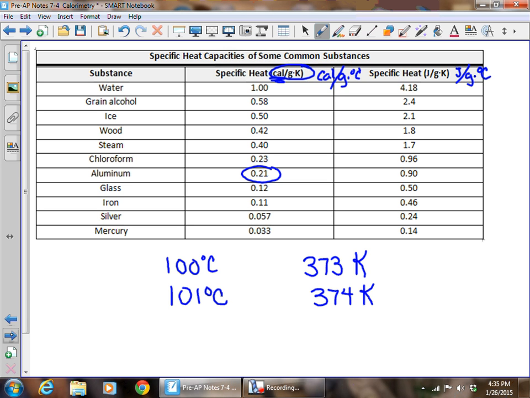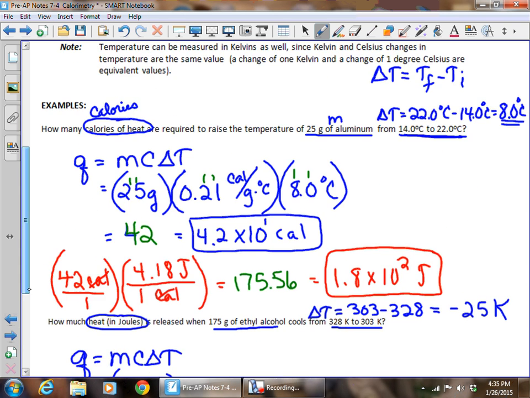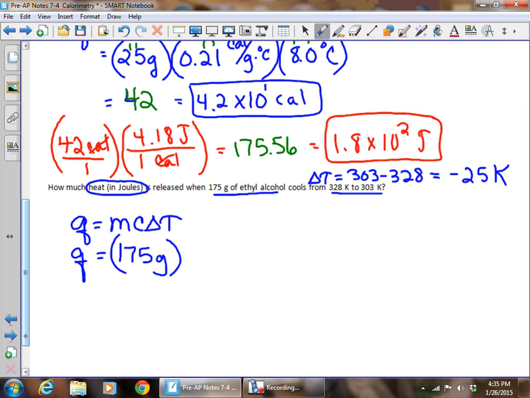And grain alcohol and ethyl alcohol are the same thing. It's 2.4 joules per gram. And we're going to want to use Kelvin this time since we're dealing with kelvins in our temperature. 2.4 joules per gram Kelvin. And our delta T is negative 25 kelvins. It's cooling down, so we're losing that heat.